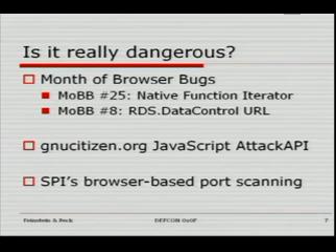Well, we saw some examples in the Month of Browser Bugs. Number 25 is a good example of a vulnerability in JavaScript itself, where the vulnerability involved iterating over a native JavaScript function, using a for loop to go through it, and after a while you would get a denial of service and potentially remote code execution.